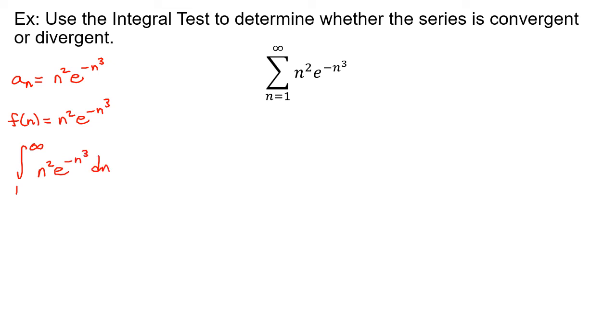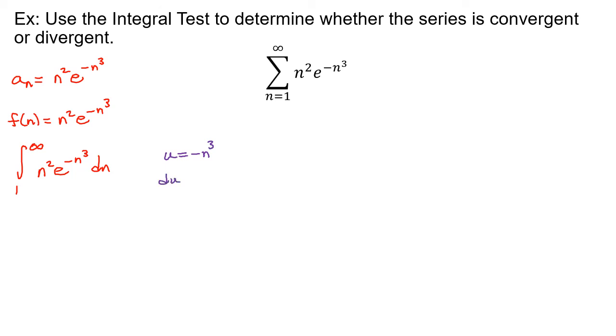In this case, it's a little bit more complicated. The first ones that we've been doing have either been logarithms or power rules. This one's a u-sub. What I would have to do is let u be the negative n cubed.